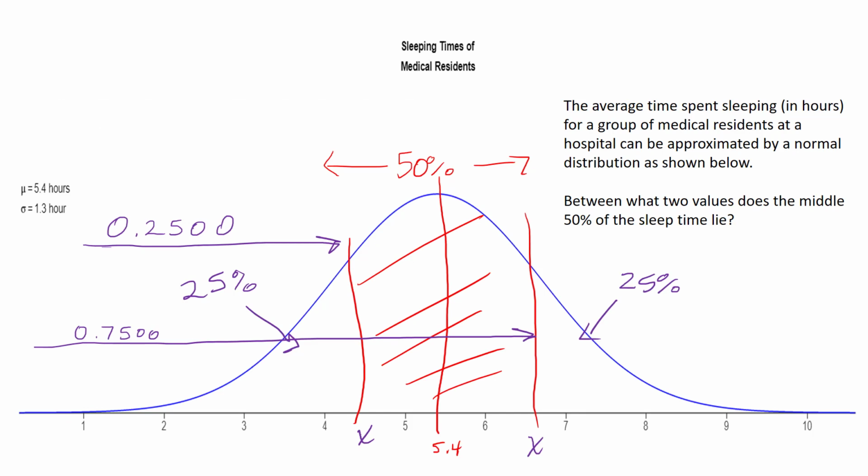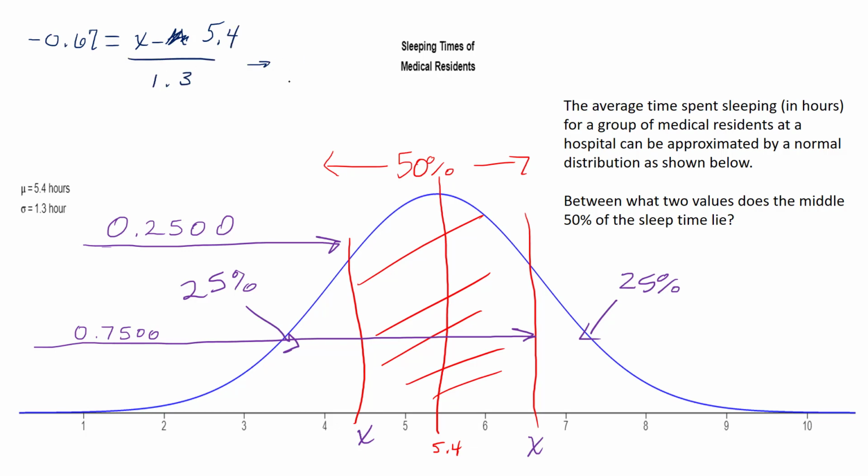So that means I have my lower value, which is negative 0.67 equals x minus the mean, 5.4, divided by 1.3.